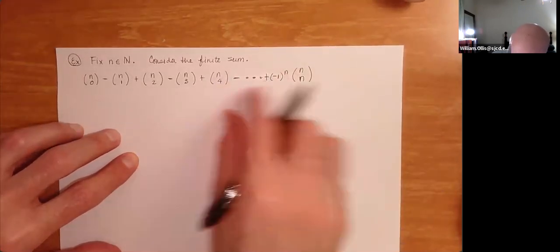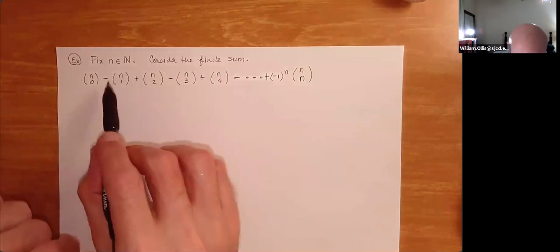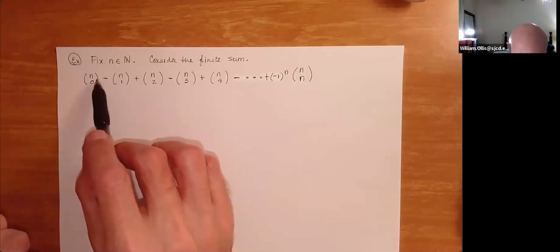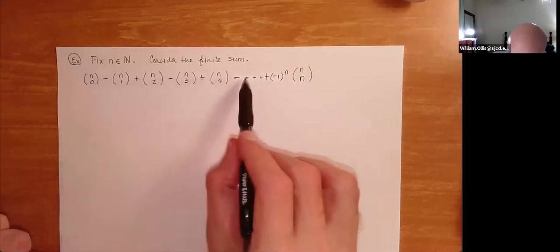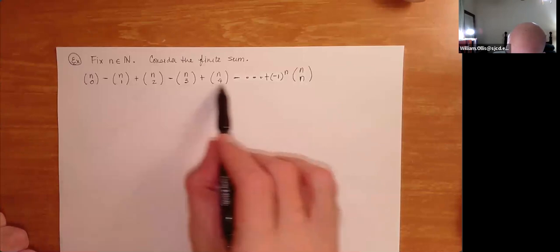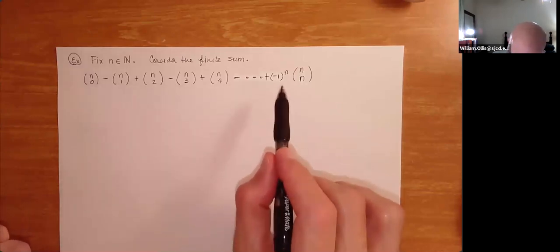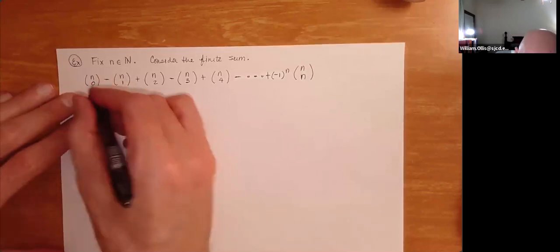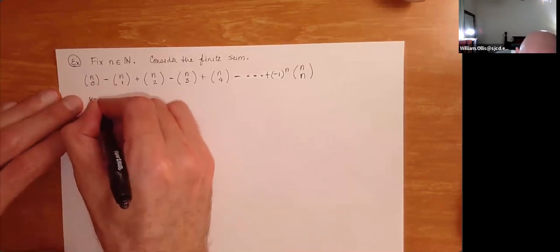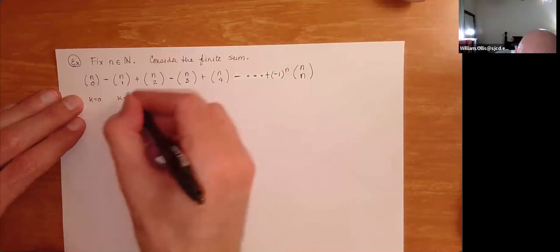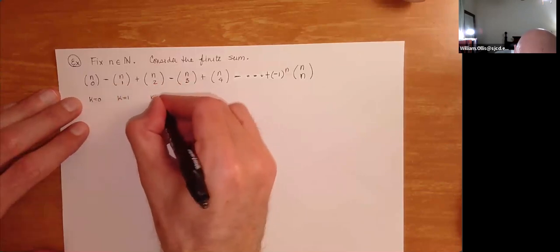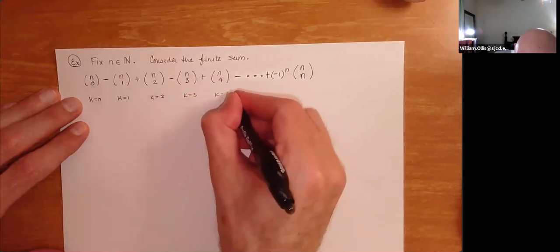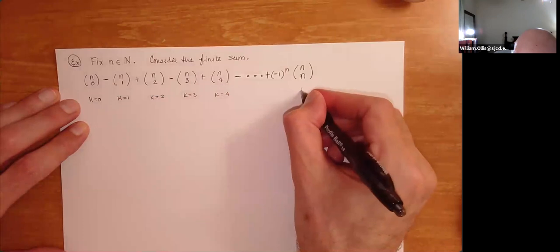So let's see if this is the way I wanted to do it. In this case, this looks good. So we're alternating the sum here. And so when we look at this, we're thinking, okay, so this is k equals 0. This is k equals 1, k equals 2, k equals 3, k equals 4, and this is k equals n.